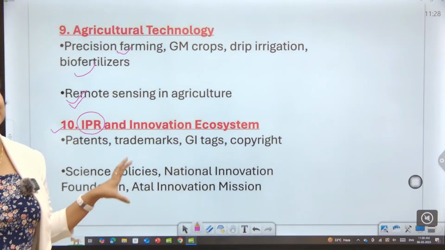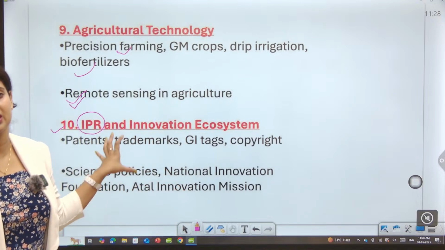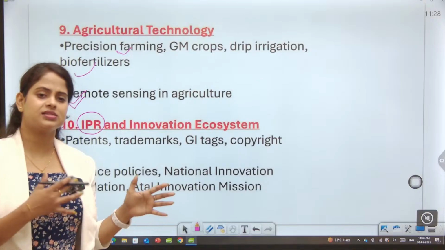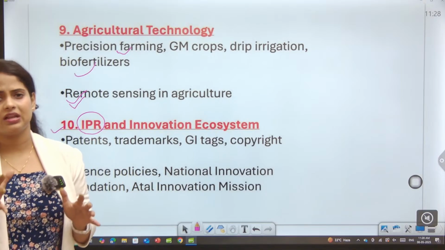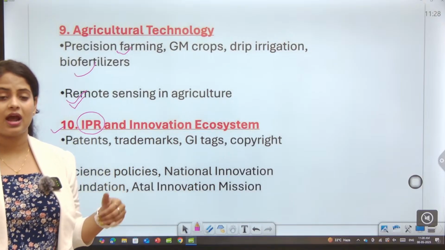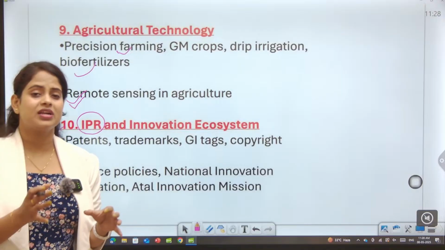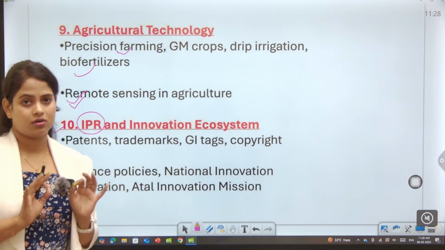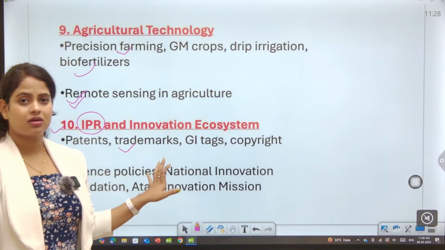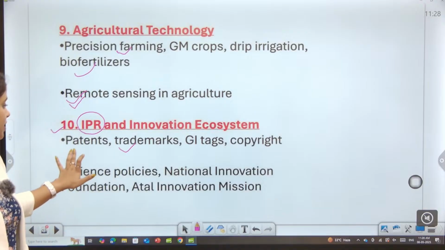Everything you have to know about IPR: the patents, the GI tags, where different areas have different geographical indications, and copyright, the types of copyright, and if you infringe copyright of any company or brand, what is the exact punishment for the behavior you have done, and what is a trademark, how trademarks help people, and what is a patent.